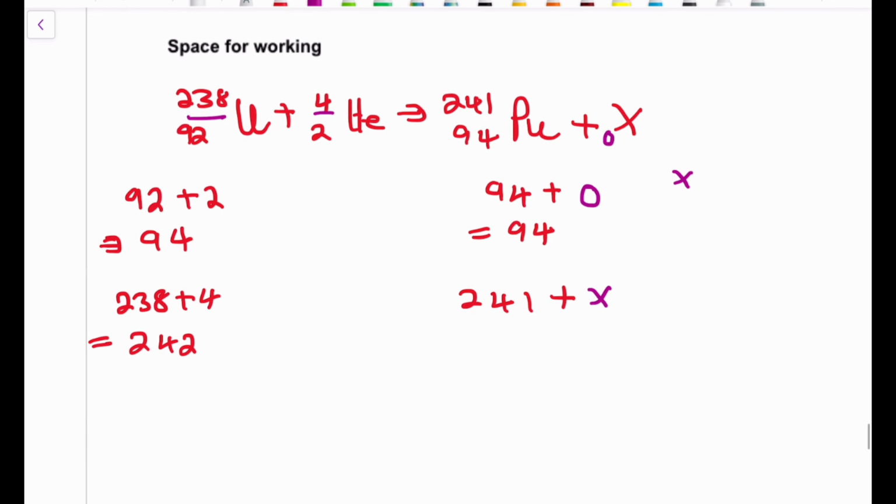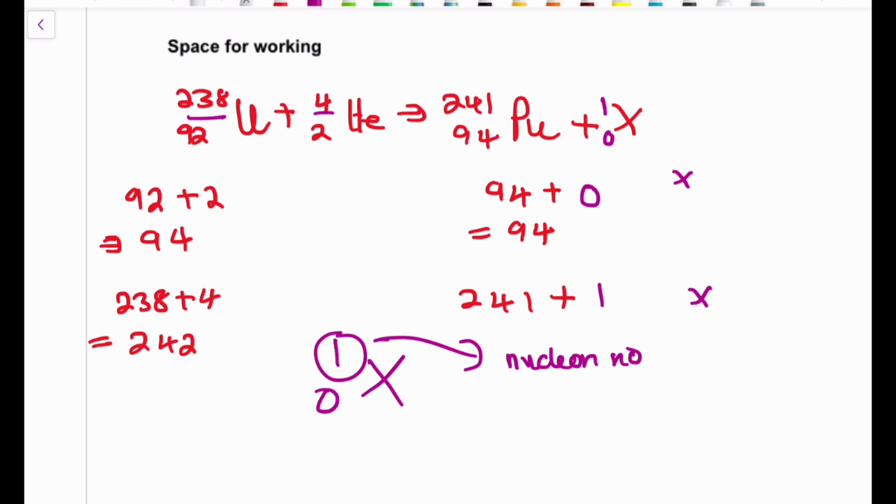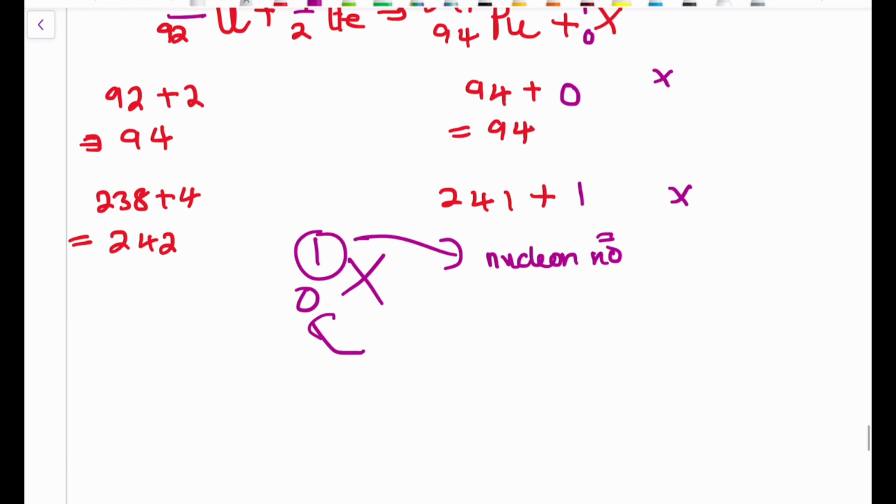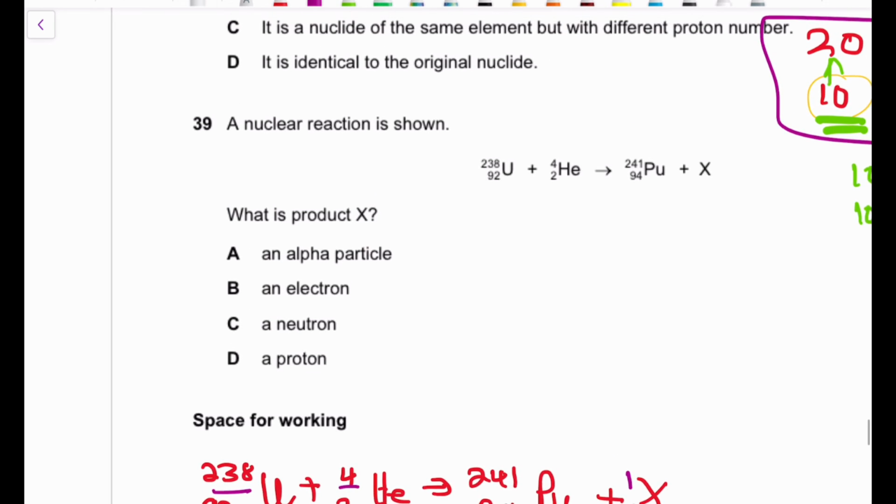Since we have 242 and 241, we're just going to need 1. So we're going to put 1 here. So X has 1 and 0. It has a nucleon number of 1, but it also has a proton number of 0. Nucleon number 1, proton number 0, that is, my friends, a neutron.